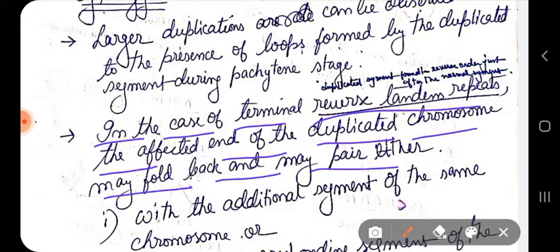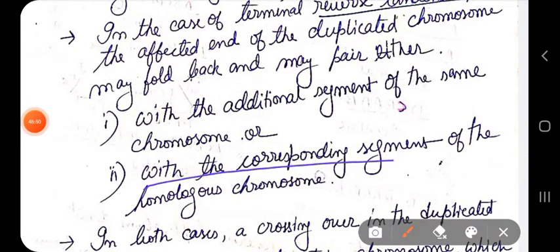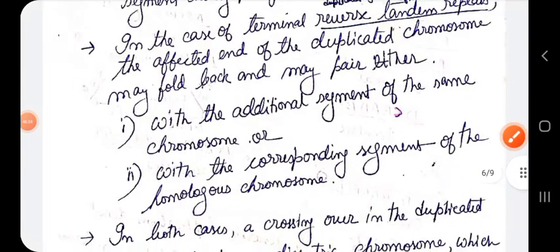Again, I repeat, if there is terminal reverse tandem duplication, the affected end of the duplicated chromosome folds back on itself, and it can pair either with the additional segment of the same chromosome or with the corresponding segment of the homologous chromosome. So this has to be remembered.